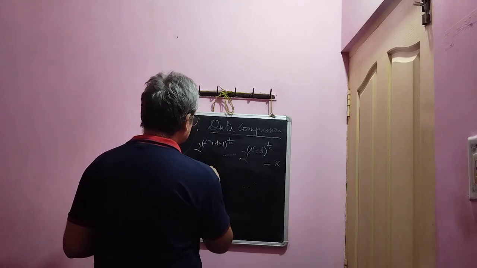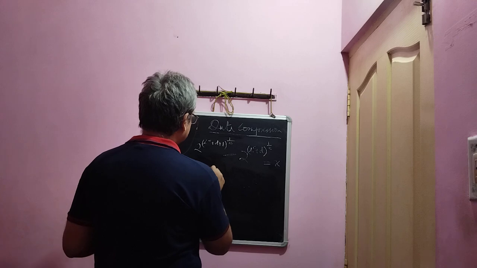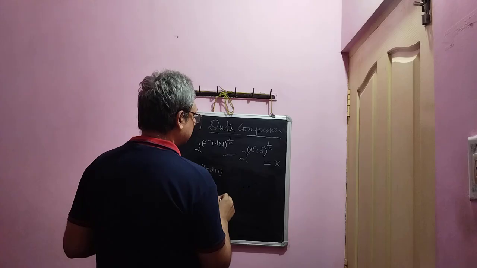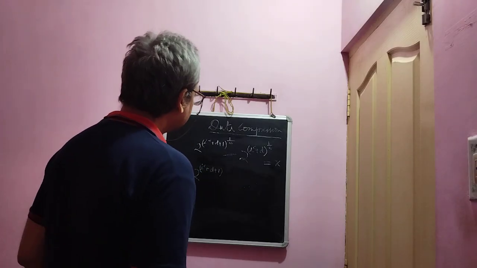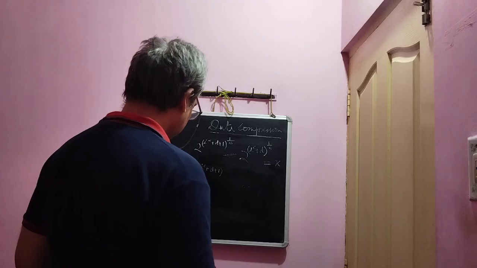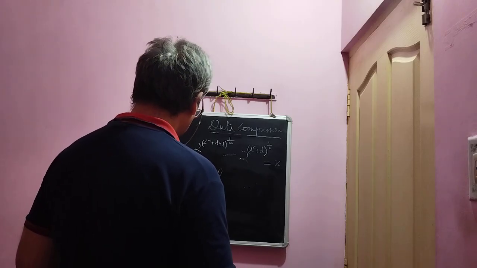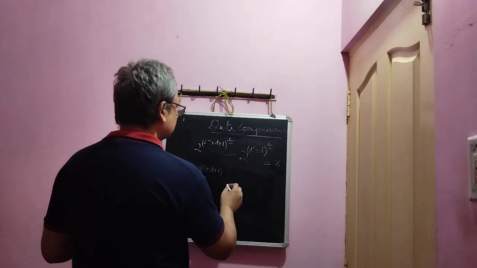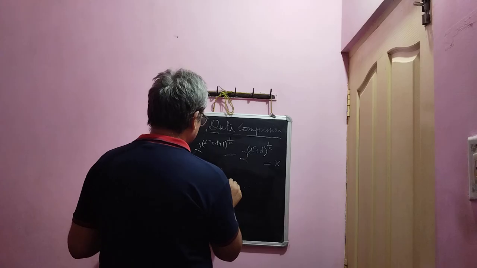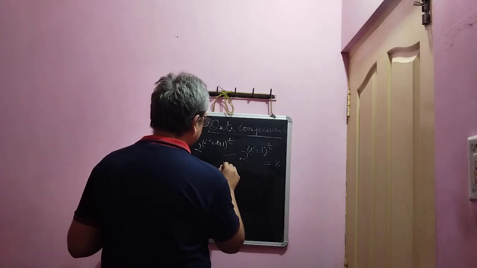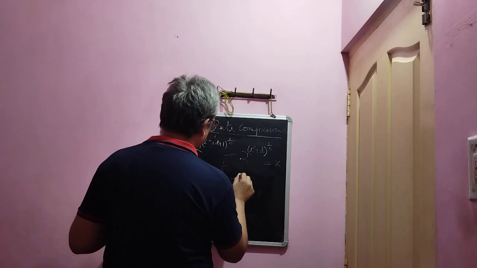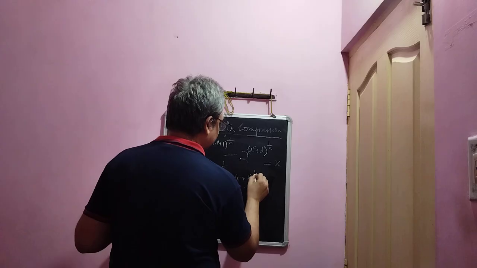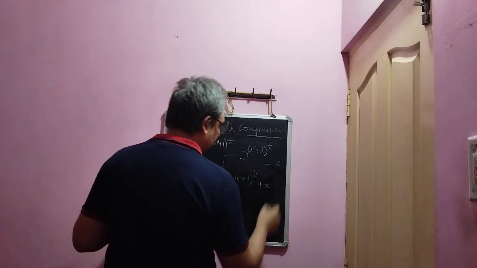Okay, so this you can write as 2 power (i power c plus d plus 1) whole power 1 by c is equal to 2 power (i power c plus d) whole power 1 by c plus x.